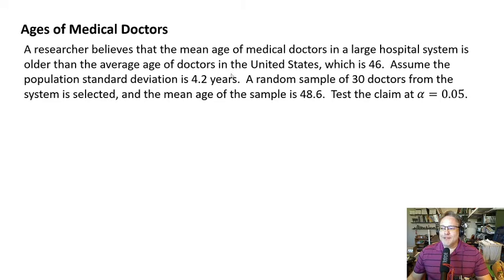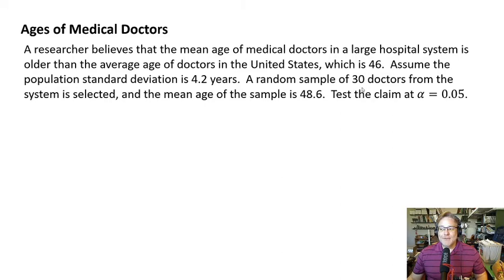Assume the population standard deviation is 4.2 years. We already know what that symbol is. That's the little sigma, isn't it? That's 4.2 years for the population standard deviation. A random sample of 30 doctors from the system is selected, and the mean age of the sample is 48.6. So we know the sample size now.